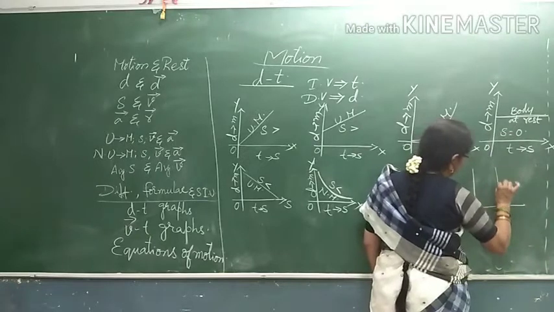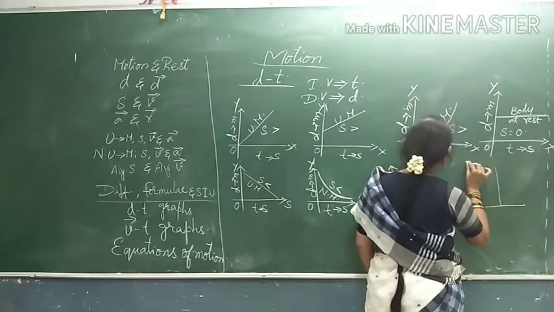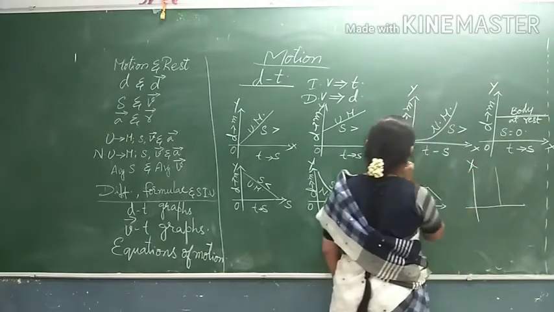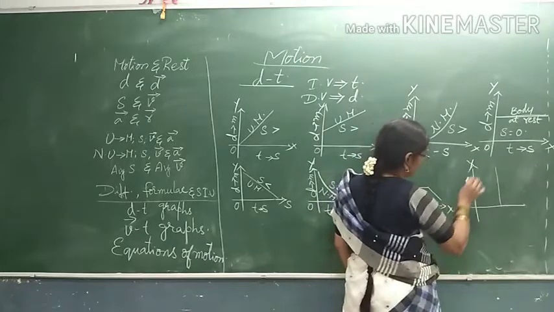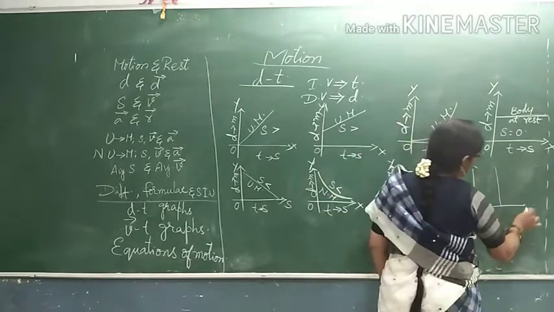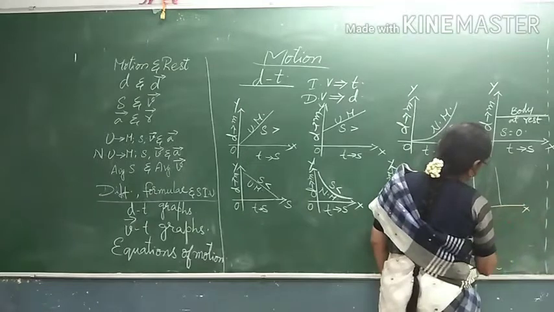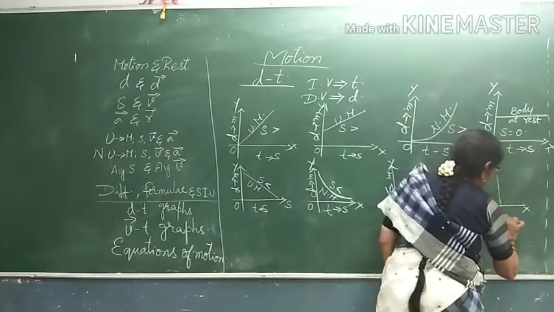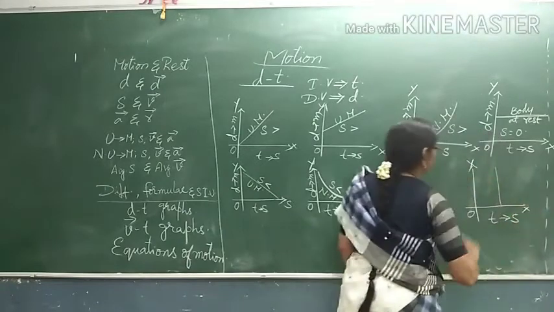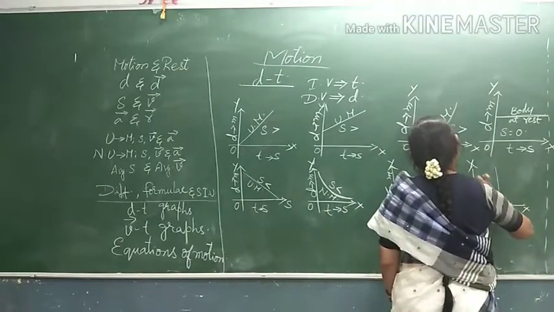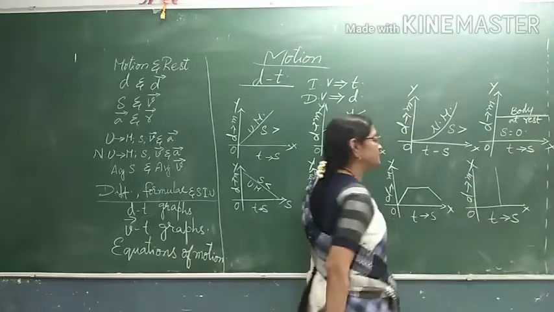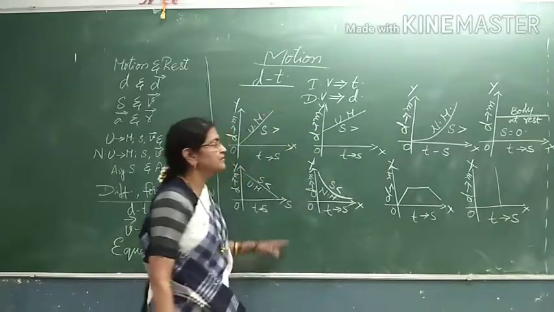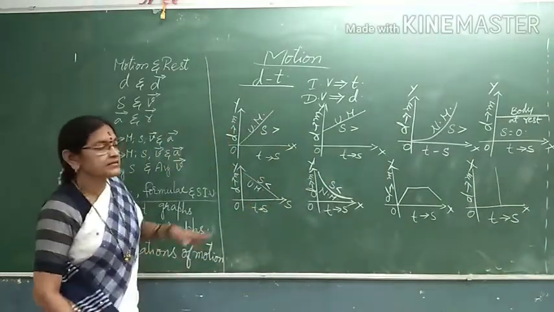If the graph is like this, what is it saying? Is this type of graph possible or not? If it is possible, how? If it is not possible, what is the reason? This is the work you have to do today on distance time graphs.